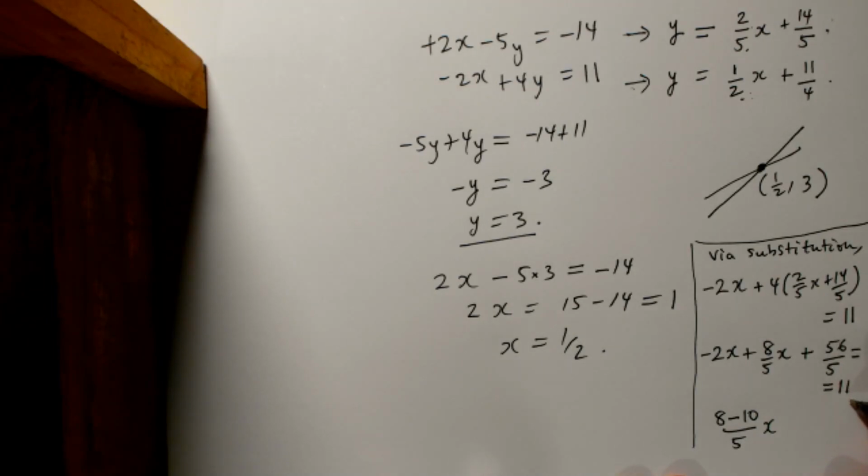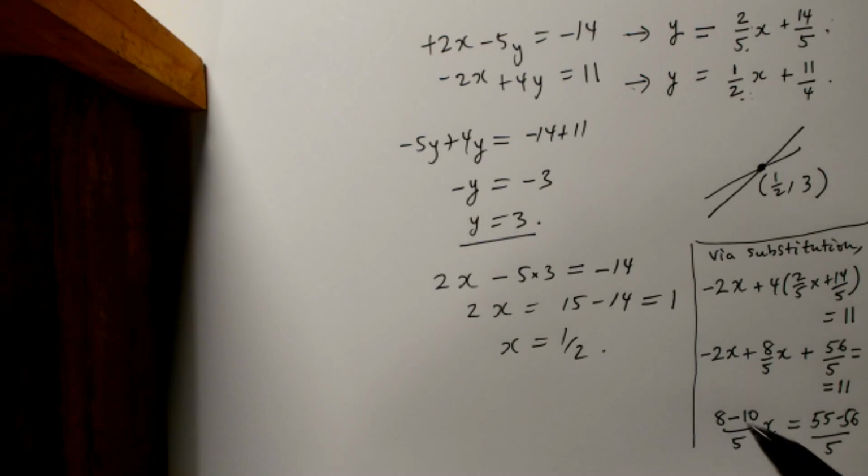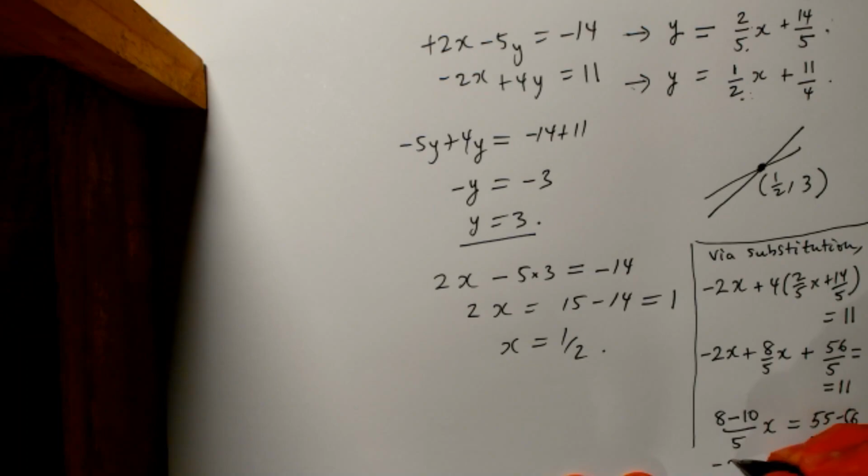So 11 is 55 over 5, so 55 minus 56 all over 5. Now we can multiply both sides of the equation by 5 to make the 5's vanish, which would probably be a good idea. So then if we do that, we've got minus 2x equals minus 1, and again you have x is 1/2.